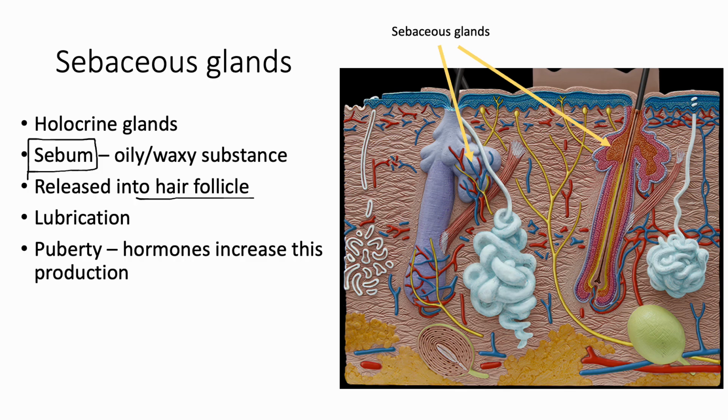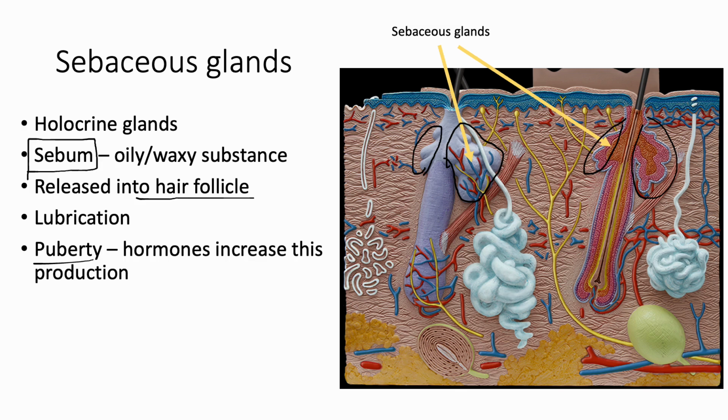So a sebaceous gland, you see this right here extending from the hair follicle. There'd be a gland here. This is a cross section. We can see it here, we can see it here. Those are all sebaceous glands releasing that sebum onto the hair follicle. These are not made the entire life.